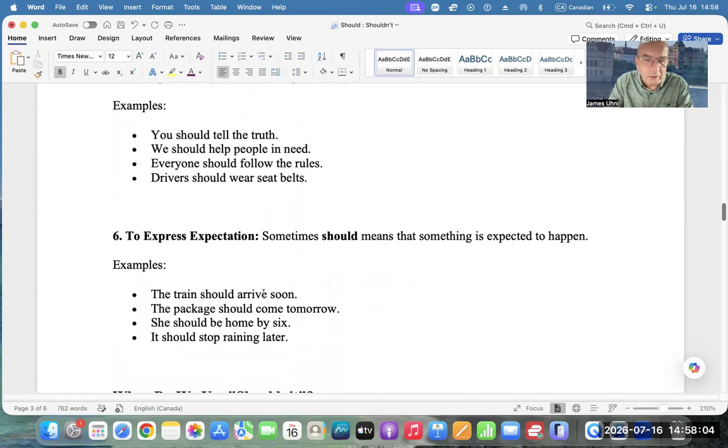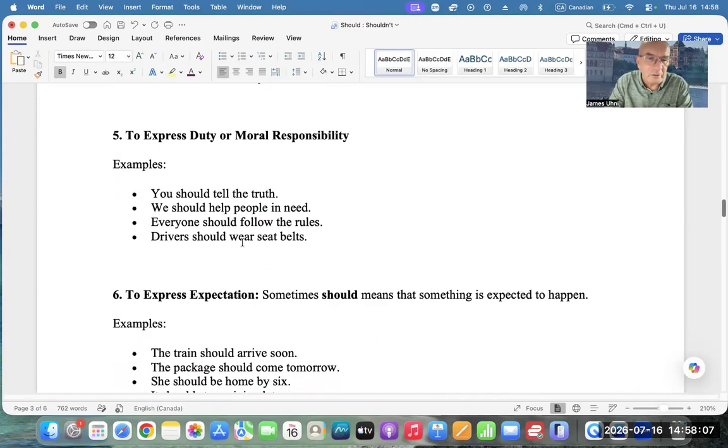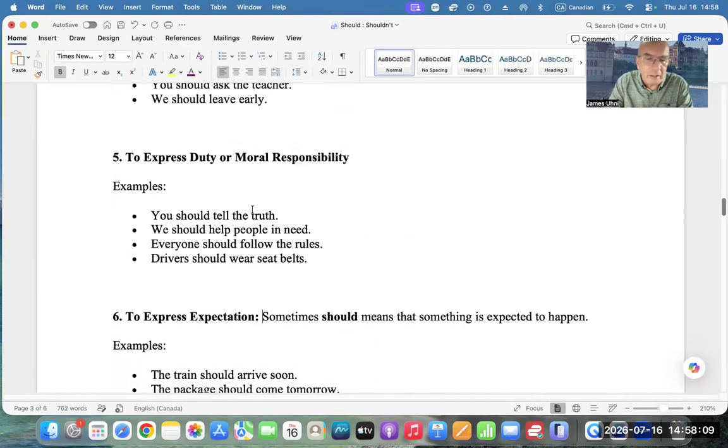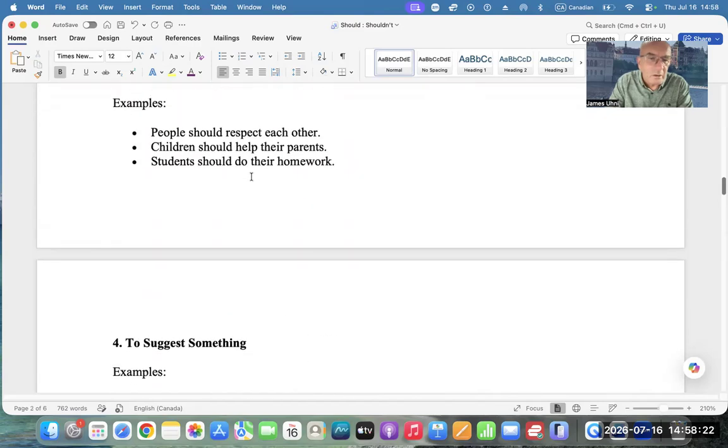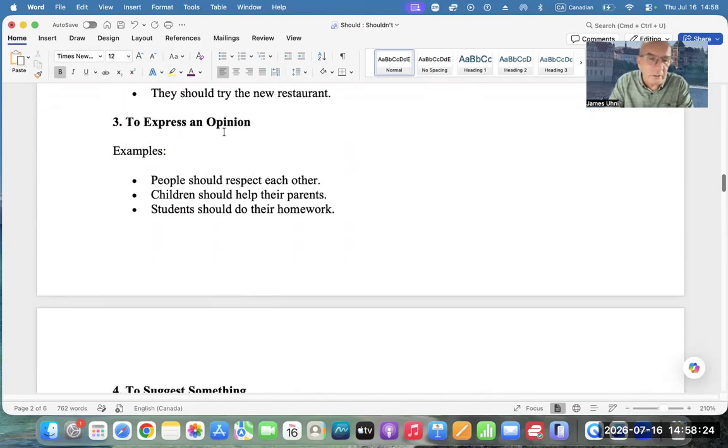The train should arrive soon. That's expectation. You should tell the truth, to express duty or moral responsibility. To suggest something, we should leave earlier. Here is to express an opinion. People should respect each other.